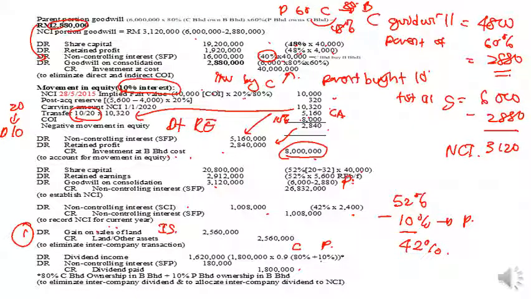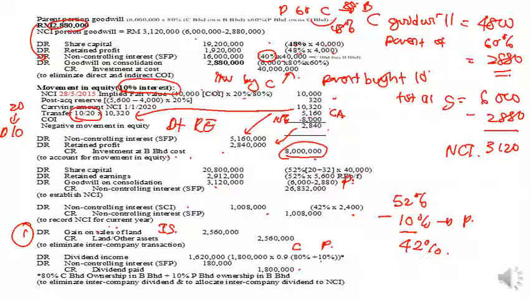We're going to look at the parent portion of goodwill. The total goodwill that you have here is 6, and the parent portion here is only 2,880. 6,000 times 80%, since P owns B, times 60%, since B owns C, so you're going to have 4,800. Previously, C goodwill here is equal to 4,800.